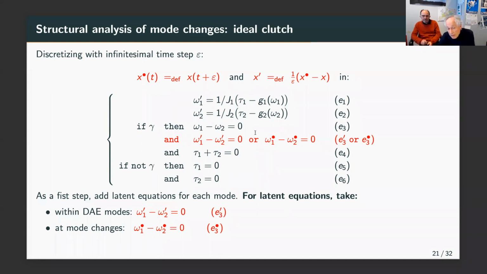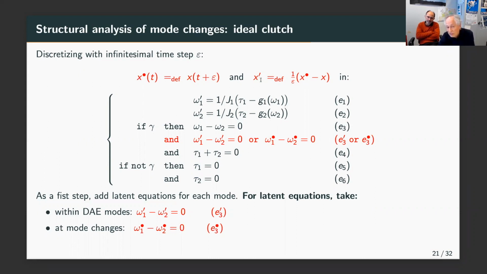We could equally well, instead of using the first order derivative, differentiating this equation, shift it forward once in time, just because the shift and differentiation are related in a mutually invertible way. So structurally, you get exactly the same effect of index reduction.